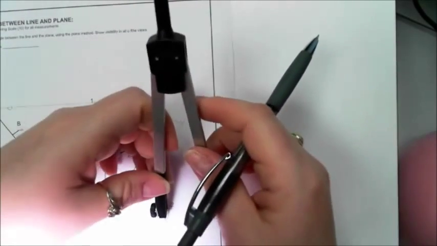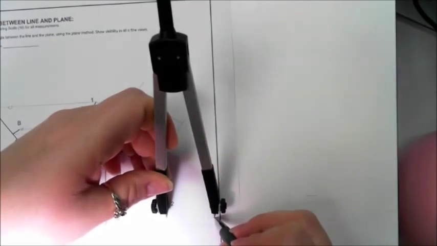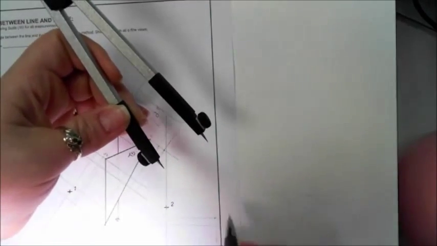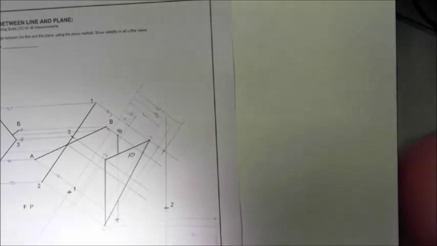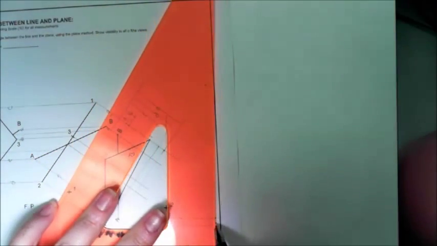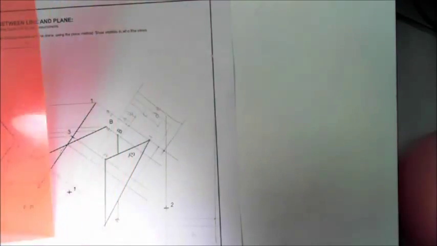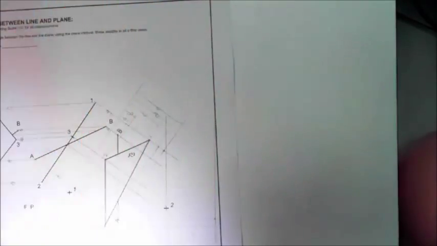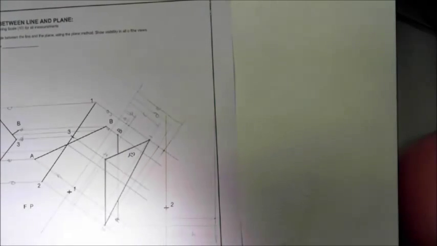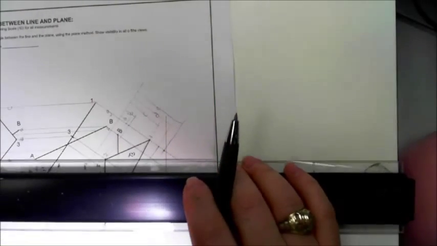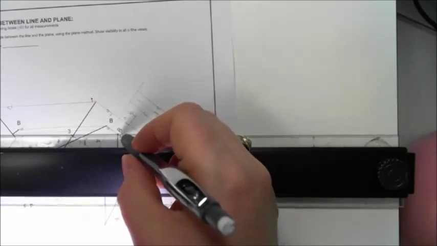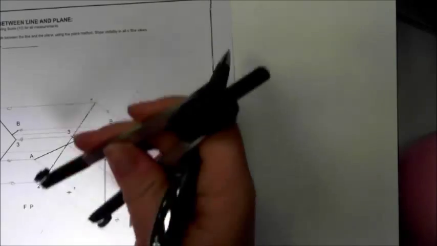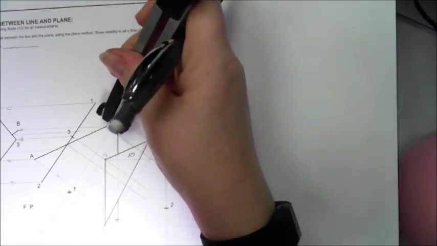Make sure I didn't change any, and I didn't. It's always best to double check. That gives me H. Okay, after H, find little f.